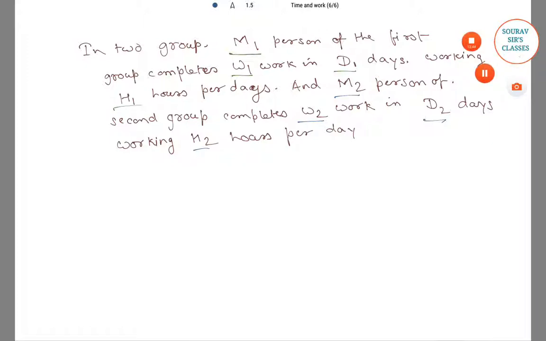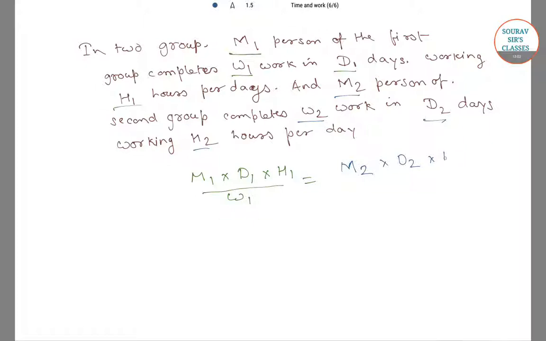Then we will have the equation M1 into D1 into H1 divided by W1 is equal to M2 into D2 into H2 divided by W2.